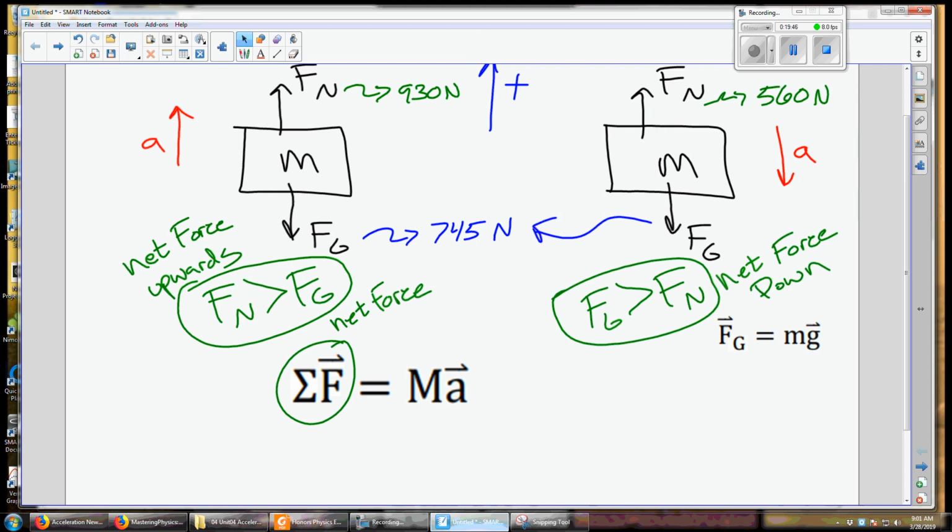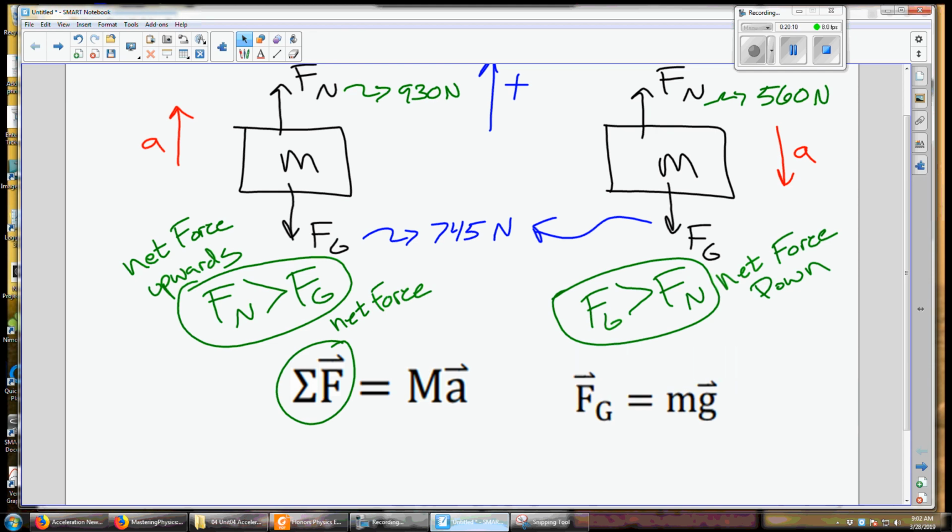Oh, you know what? I was wrong. We do need this. Because if we look at Newton's second law here, what don't we know? The mass. Oh, we've got to find out the mass from here. Right?